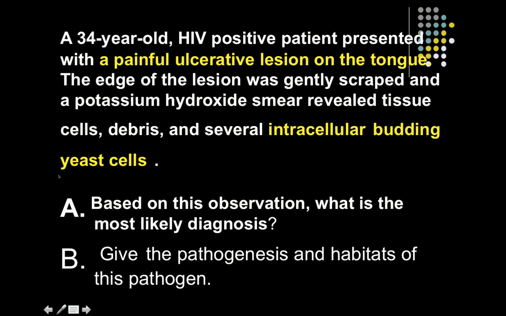It is Histoplasma. Based on this observation, what is your most likely diagnosis? It is histoplasmosis, and the organism is Histoplasma capsulatum. What is the pathogenesis, or how is this disease caused, and where do these pathogens live, or how are they acquired by human beings?